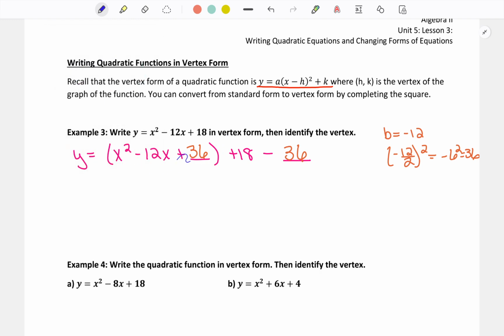Then I'm going to factor that perfect square trinomial, and that is going to give us x minus 6 squared. And so that 6 is the x of my vertex. And then 18 minus 36 is negative 18. So then my vertex is going to be 6, negative 18.